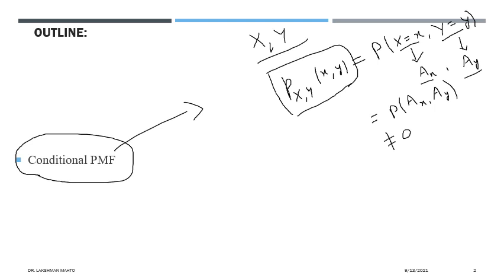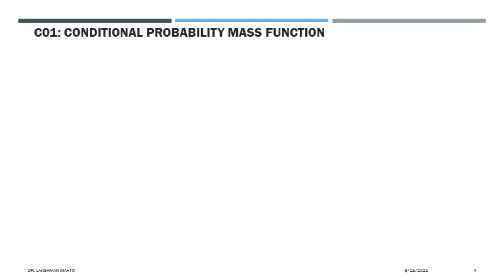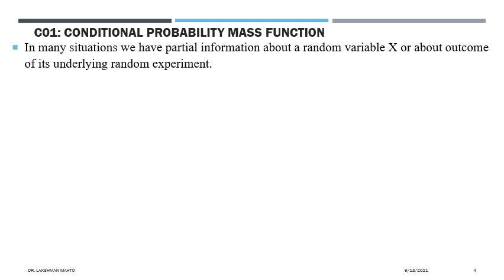Now today we will discuss the conditional one. Again I will relate it back to conditional probability, how it comes. In the last class I had already given the definition, and I am recalling it again. Why are we going to study the conditional probability mass function?